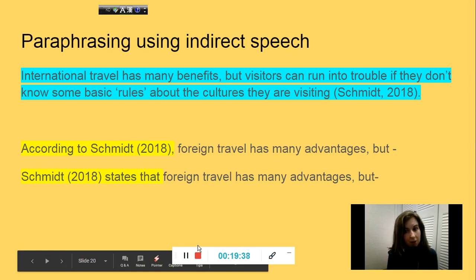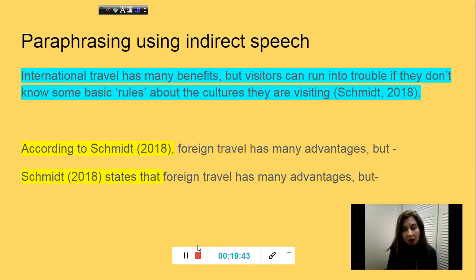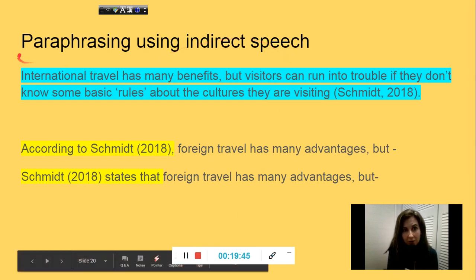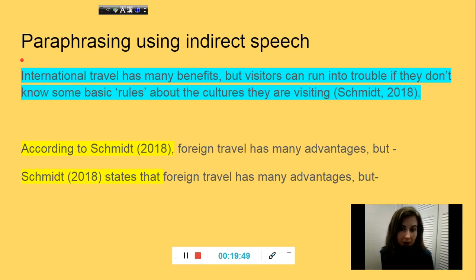Okay, and before we go today, I just want to point out one more thing. When we do our APA references, we are going to paraphrase using indirect speech, what we talked about before. That was one of the ways that we paraphrased. And you can see here this was the original text, as you remember.